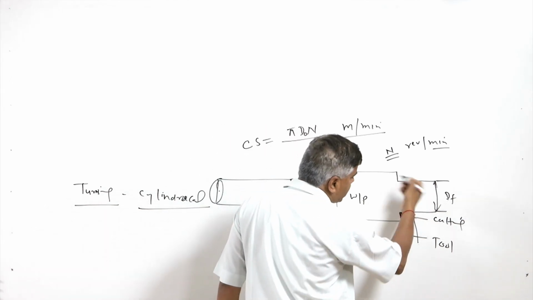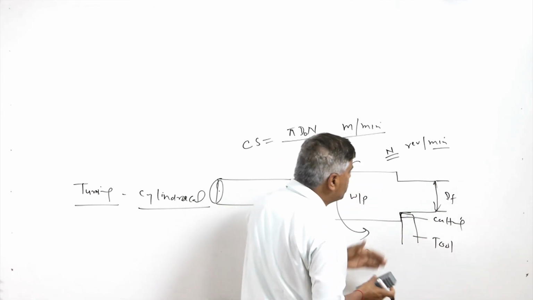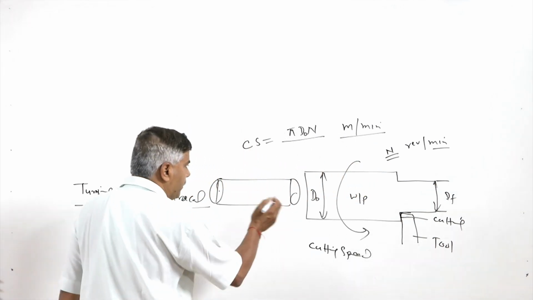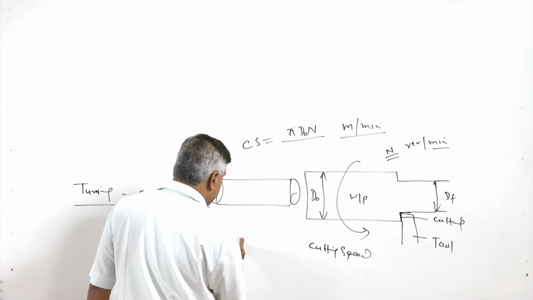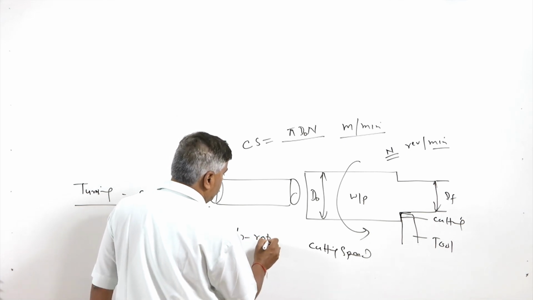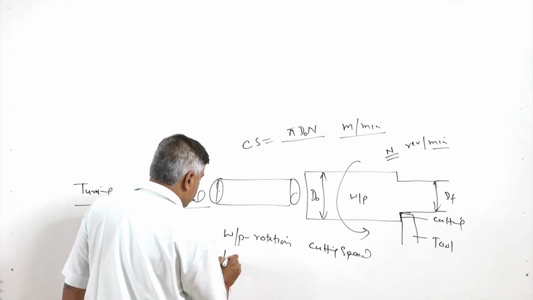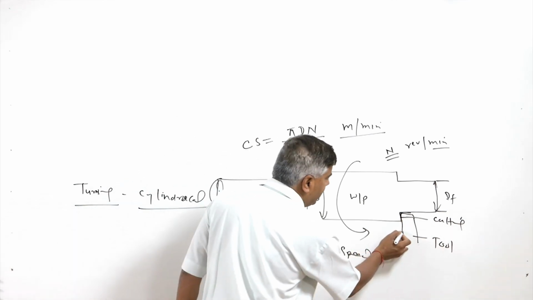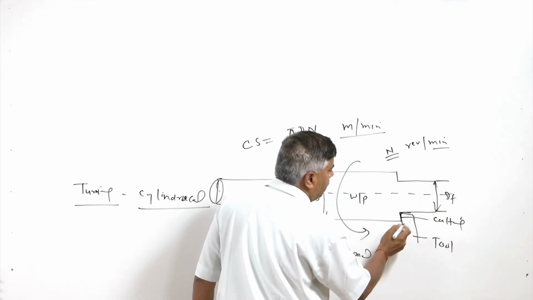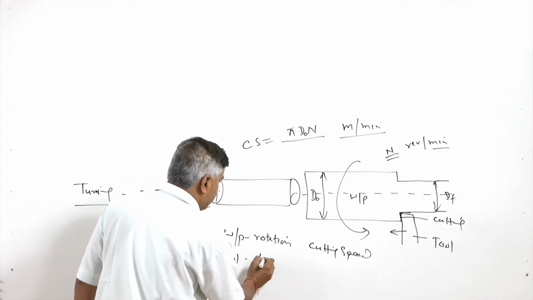So, this is the kind of relative motion between the cutting edge and the workpiece which will be producing the cylindrical shape. But in this case, the rotational movement is given to the workpiece, and which kind of movement is given to the tool? The tool is moved linearly, parallel to the axis of rotation of the workpiece.